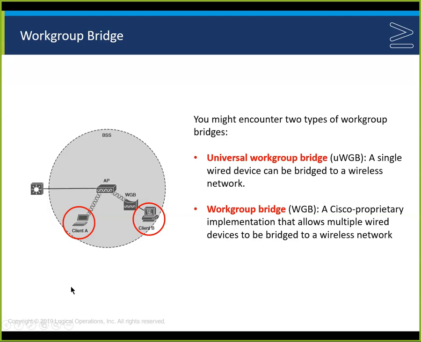But what we're really talking about when we talk about bridging with these things is we have a wireless access point here, wireless access point here, configured in bridge mode. It's going to be one of the modes that we can have. And back here, we're going to go to our wired devices.